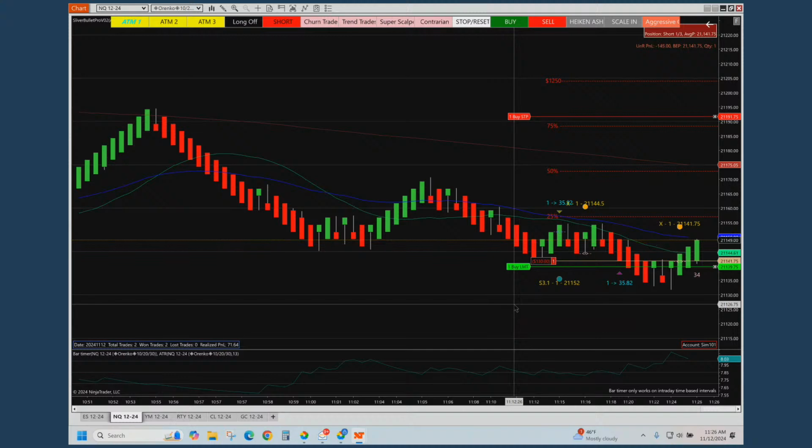So the play is for a scalp, just a few ticks: 8 ticks for Nasdaq. If it's ES, that's S&P, I would trade only for 4 ticks.